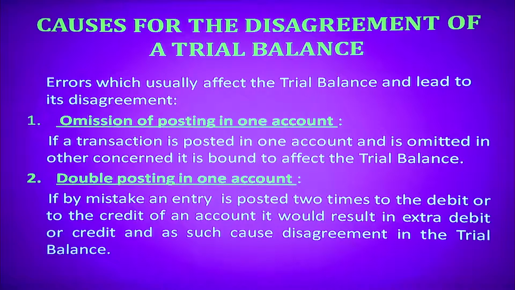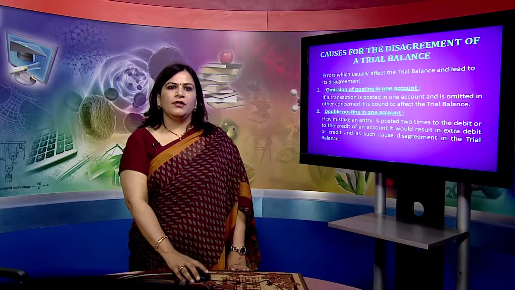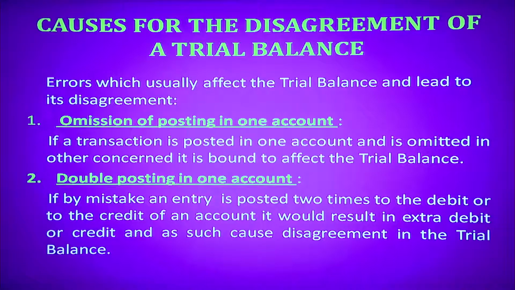If a transaction is posted in one account and is omitted in the other concerned account, it is bound to affect the trial balance, and in such a case the debit side and the credit side of the trial balance will not agree. Second, disagreement may arise because of double posting in one account.